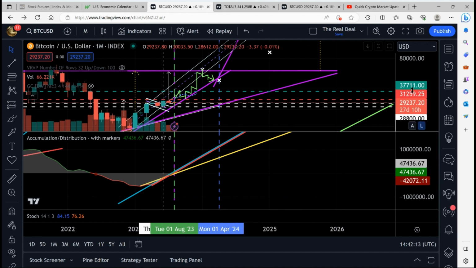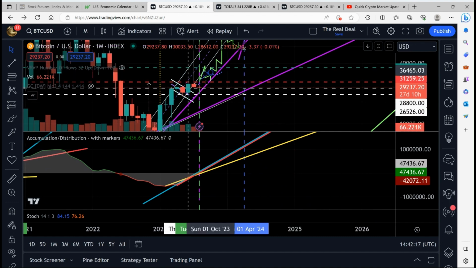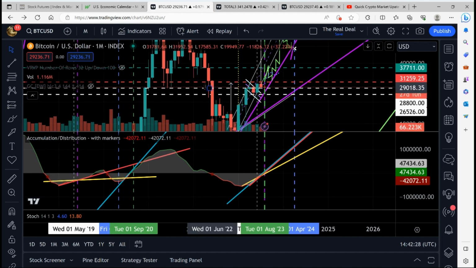Well, no, I'm not. But maybe why we're moving sideways for quite a while and then retesting. So the sideways movement is thoroughly testing the support level here.